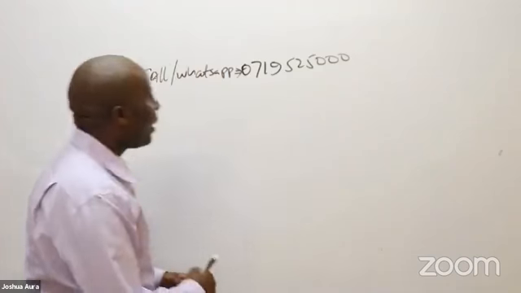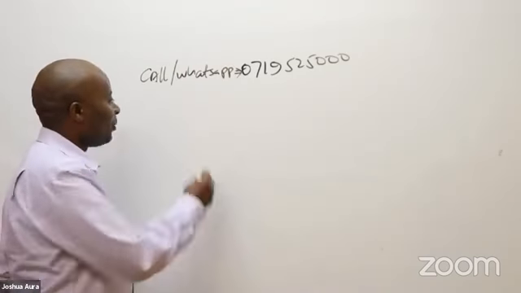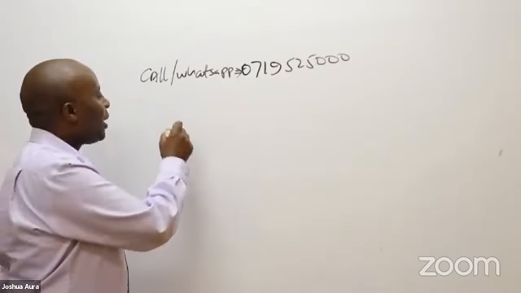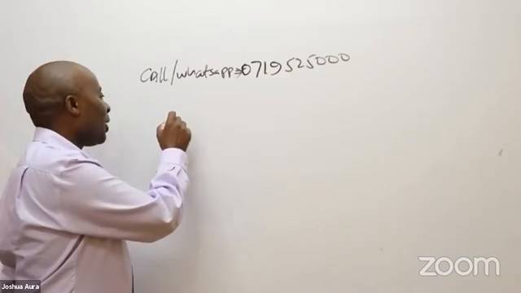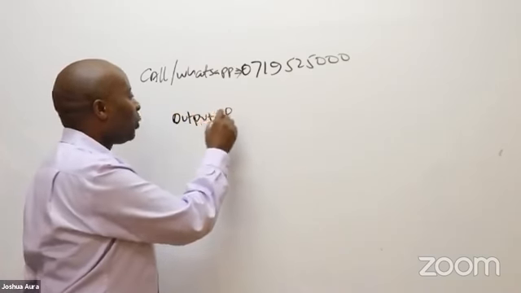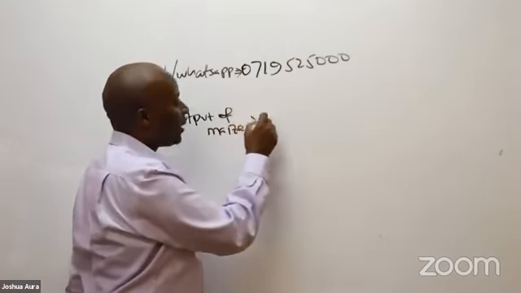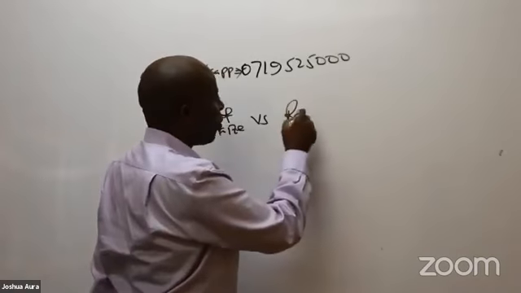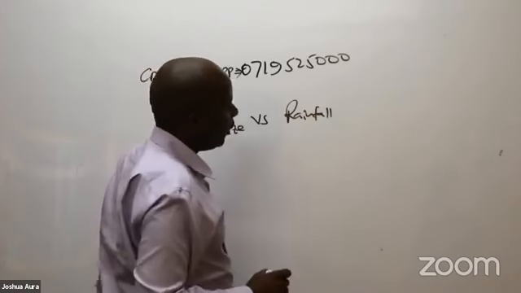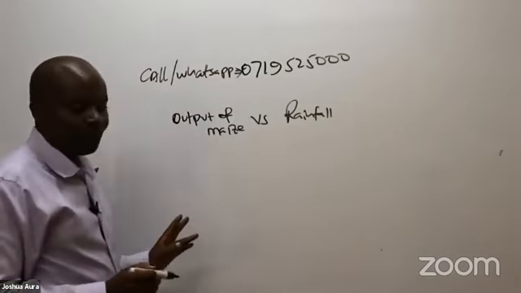So remember, if, for example, you are given this kind of illustration, the output of maize versus rainfall amounts.